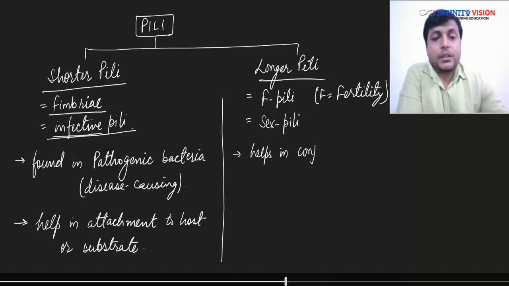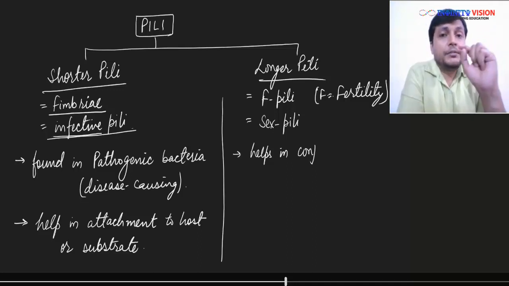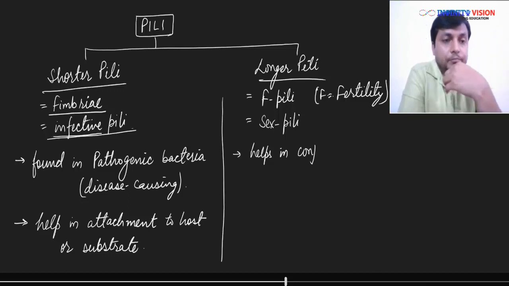Okay. Now, in bacteria, there is a phenomenon called conjugation. During conjugation, the genetic material is exchanged between the two partners. Now, wherever there is involvement of different genetic material, as a result, genetic variation comes in, we call such reproduction sexual.